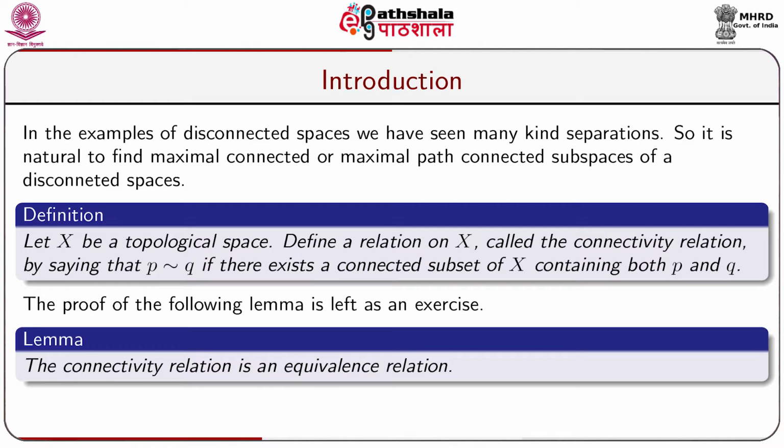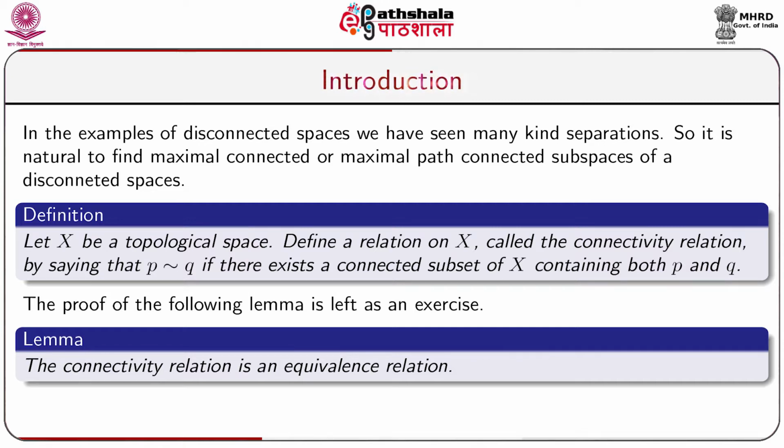Now since P and Q are related, there exists a connected set containing both P and Q. Again, as Q and S are related, there exists a connected set containing both Q and S. Now both of these two connected sets contain Q, so their union is also connected.